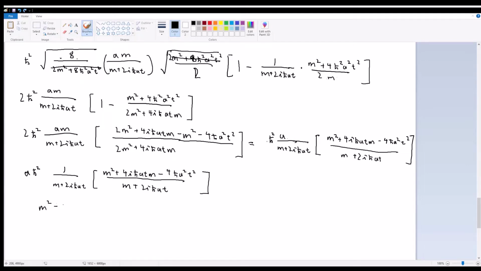m squared plus 2i h bar a t m, and then plus 2i h bar a t m, and then minus 4 h bar squared a squared t squared. So this is going to give us m squared plus 4i h bar a t m minus 4 h bar squared a squared t squared.